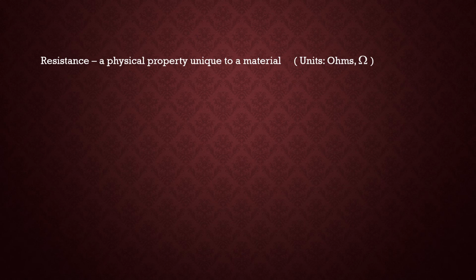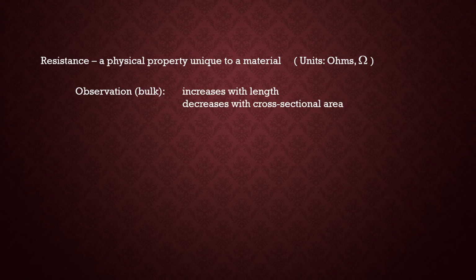So now if we look at resistance, the first of the properties of materials that we're going to discuss, it is expressed in terms of units, ohms, in SI units. As you observe a given object, however, you find that the bulk properties, in other words, the resistance of a material, increases with its length and decreases with the cross-sectional area.